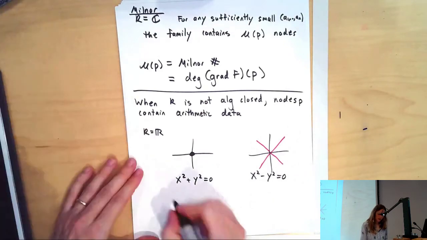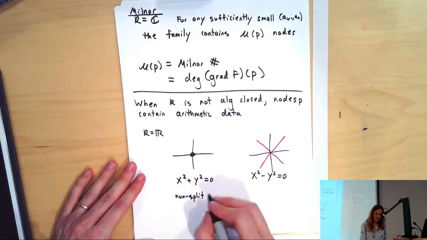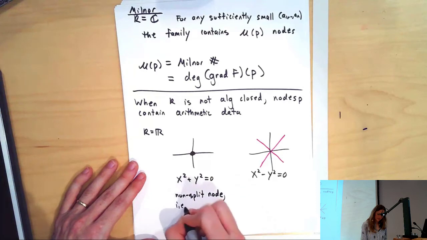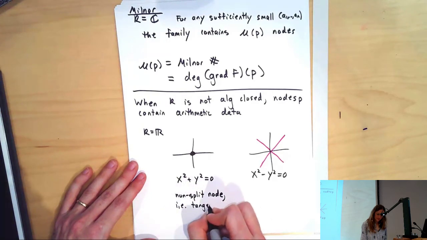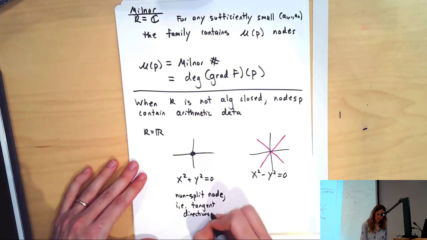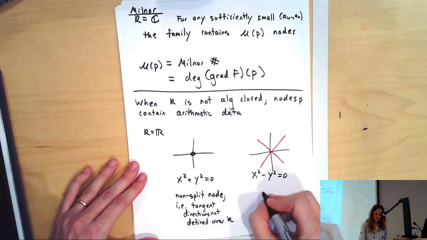This is the non-split node, meaning the tangent directions are not defined over the ground field. And this is the split node.